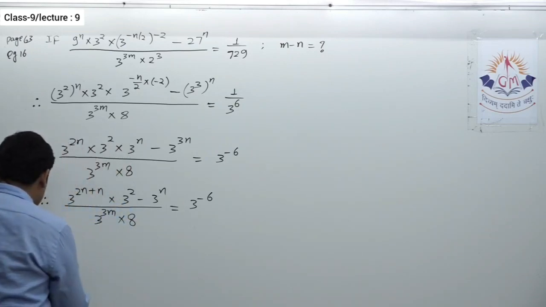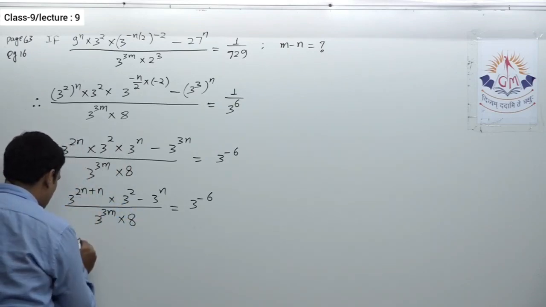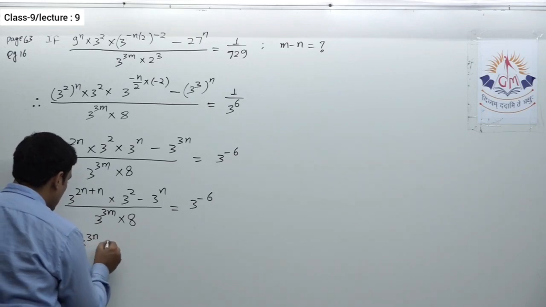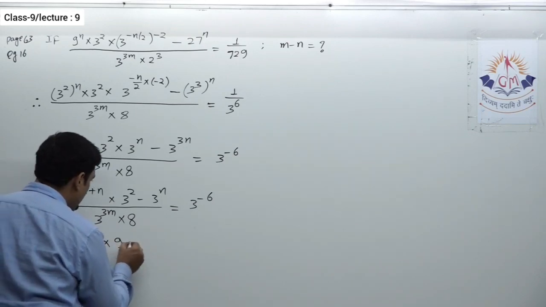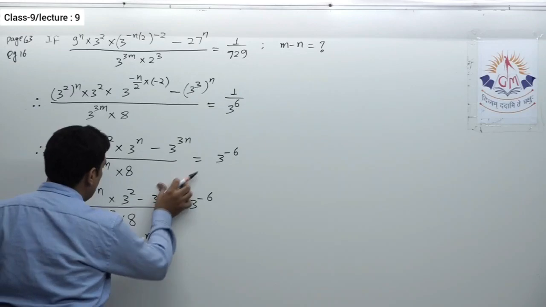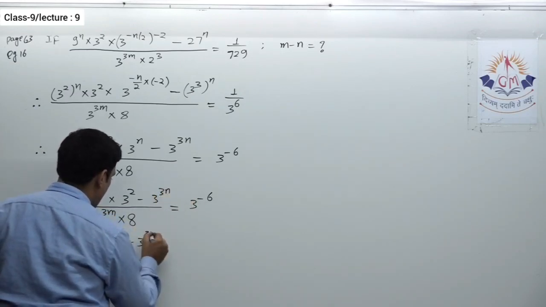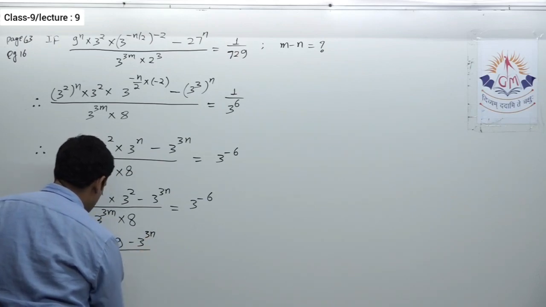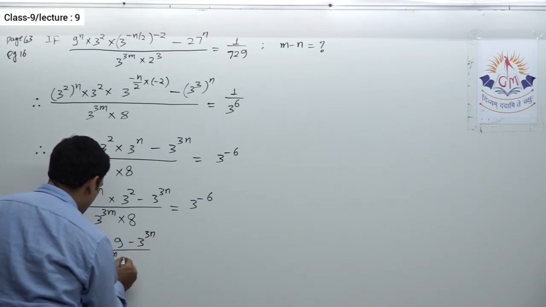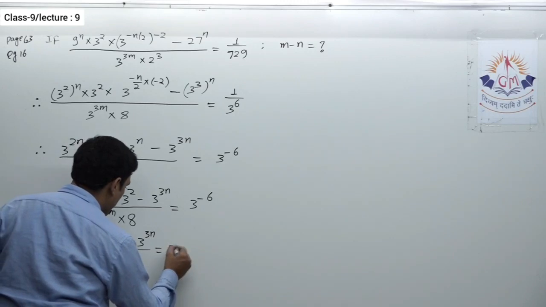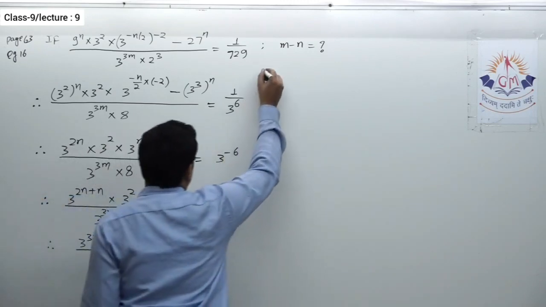Okay, now here this will become 3 raised to 3n into 9 minus 3 raised to 3n, not n, it is 3 raised to 3n, divided by 3 raised to 3m multiplied by 8 is equal to 3 raised to minus 6.